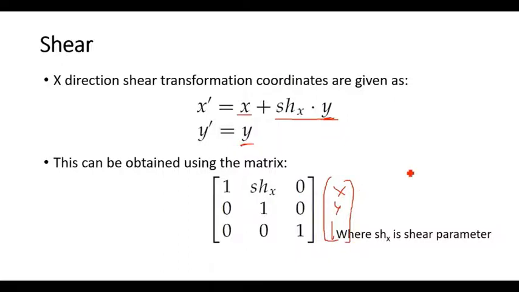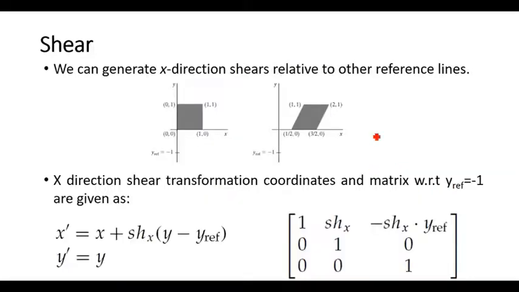If I multiply this, I get x plus SHX into y, plus 0 into 1 which is 0. The next row gives y, so y dash is equal to y, and my 1 remains the same. This will be the result that this matrix operation gives if you perform this shearing operation.